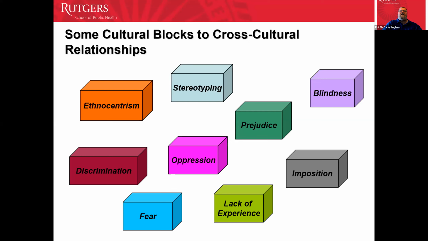So that's part of our mindfulness, that's part of our self-awareness to recognize what some of these blocks may be and which are the ones that may interfere with you in your interaction with others. When I talk about interaction, we're talking about individuals who may be of a different population than the population that you represent. And again, the population that you represent may not be the population as other people see you.